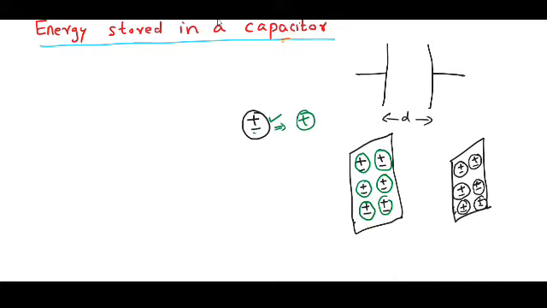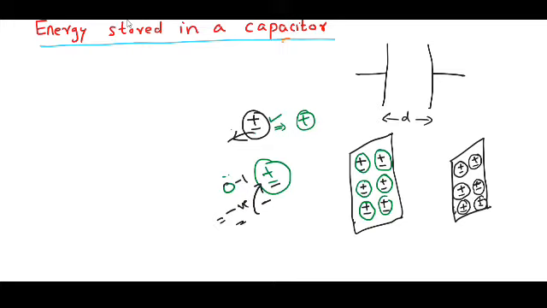Since the neutral atom has total charge 0, if any additional electron is supplied to this atom, then there will be additional negative charge. Therefore, the total charge of this atom will be 0 minus 1, negative. That is, this atom is said to be negatively charged. So to charge a neutral atom, we have to remove an electron from it.